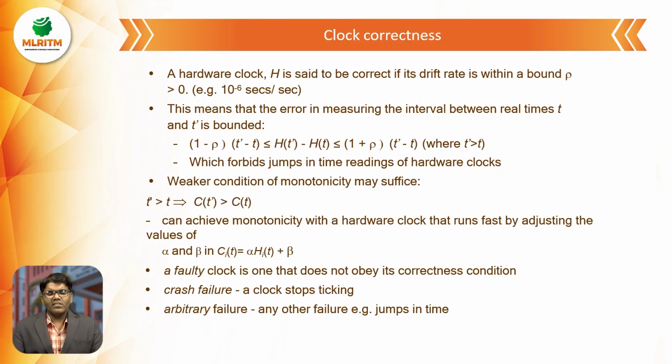This means that the error measured over the interval between real times t and t' is bounded: (1 - p)(t' - t) <= H(t') - H(t) <= (1 + p)(t' - t), where t' >= t.